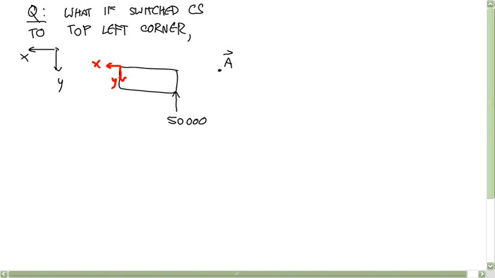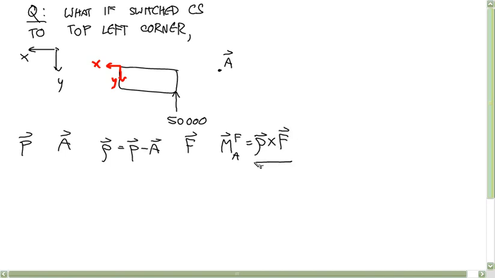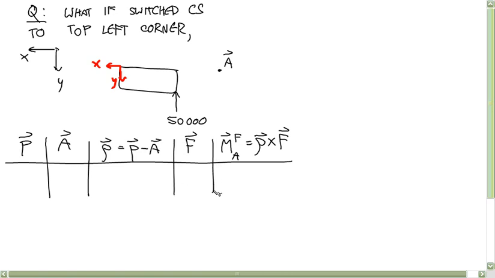So let's just do it again. Fill out the table. So we have the point where it's applied, the about point, the rho vector, force vector, and the moment about A produced by F, and that's equal to rho cross F. Okay, so what's the point P in this new coordinate system? -2, 1.